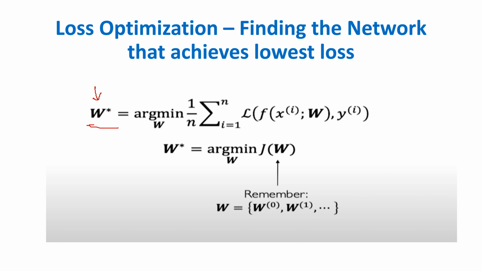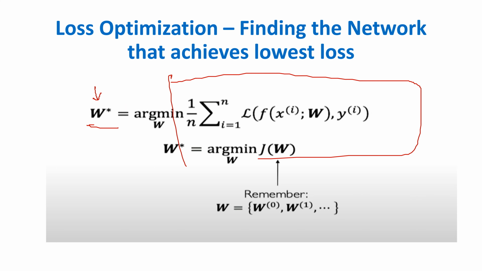We need to find a W star, a new set of weights for our model, in such a way that the loss J of W, the cost thrown by the network, is minimum. That is finding the least value. That's the optimization. Our goal is to find a set of weights for our neural network so that the loss is very small.